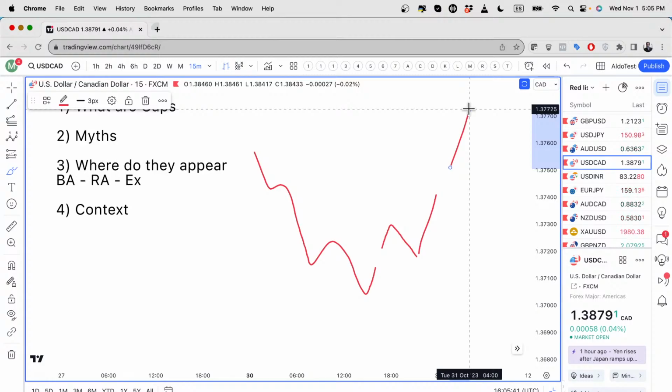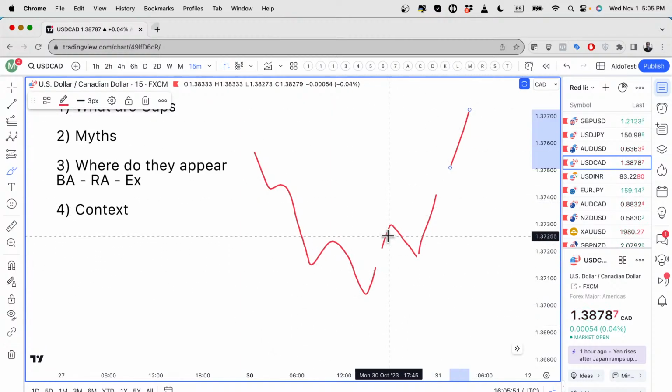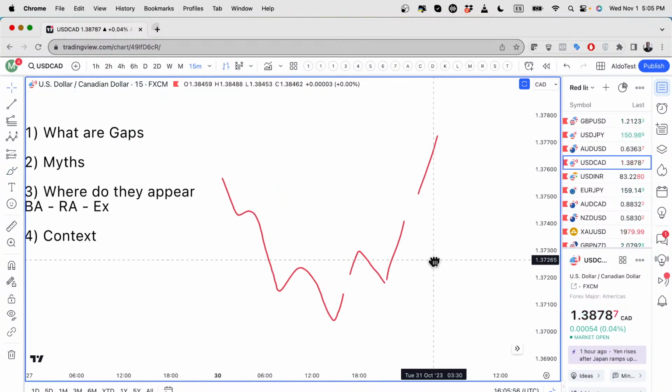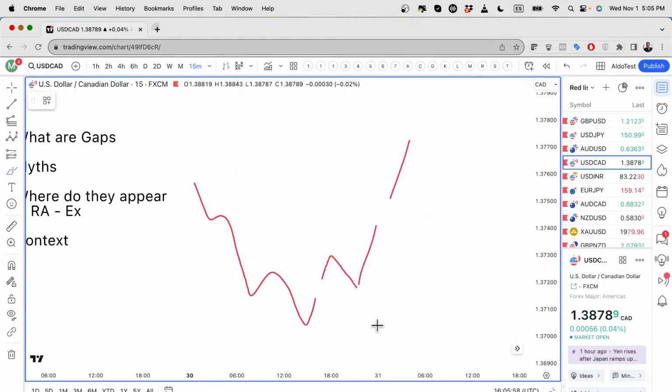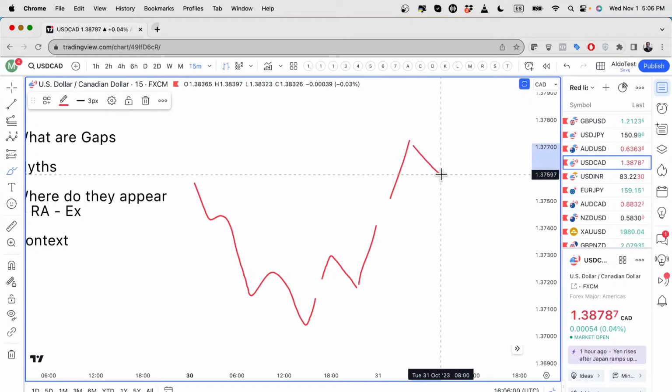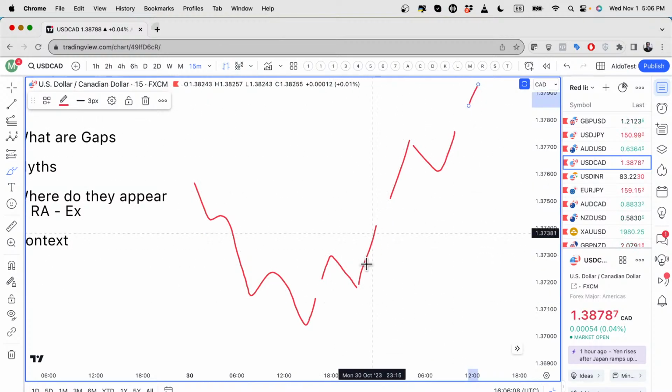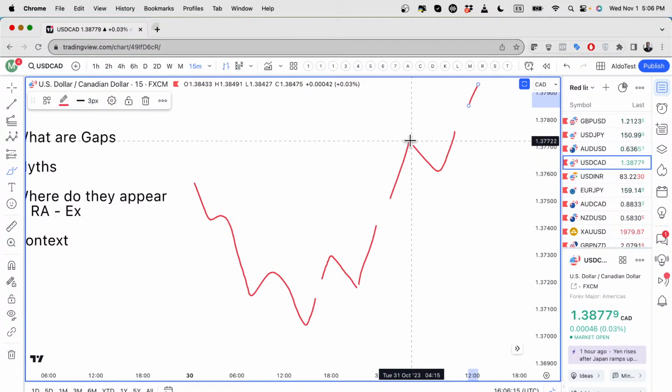These different places where gaps appear are typically in the beginning of a new trend, right in the middle, and also at the end. In other words, let's say that the uptrend is about to end, and then we see another gap.